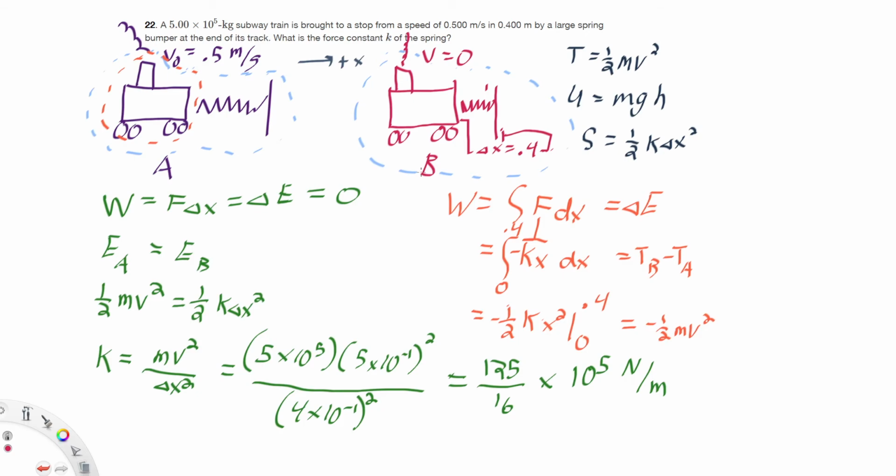Does that make sense? Yeah. So, we in fact don't even necessarily care about that. We can calculate the energy at A, the energy at B, and if they're different, then we must conclude there was a non-conservative force involved.